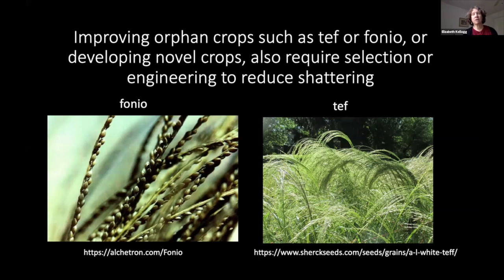Teff is probably more widely cultivated. Both of those drop their seeds, although Teff holds onto them a little better than Fonio does. So if you're selecting for yield in these crops, you've got to reduce shattering first, because otherwise, if you lose the seeds, it doesn't matter how wonderfully nutritious or large that seed is. It's just sitting there in the mud and you're not going to get it. So it's an important target for selection and crop improvement.